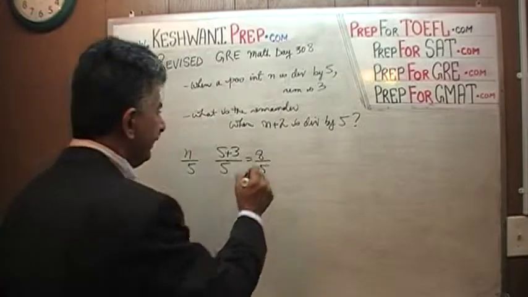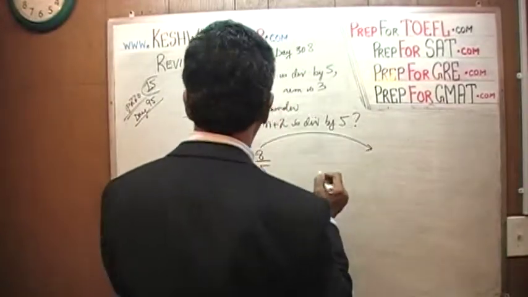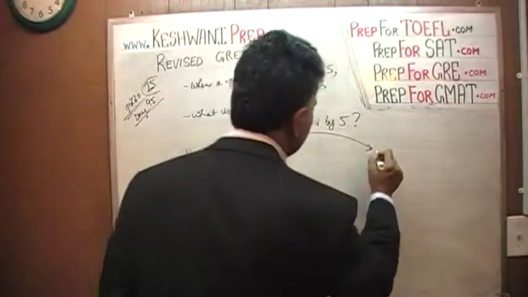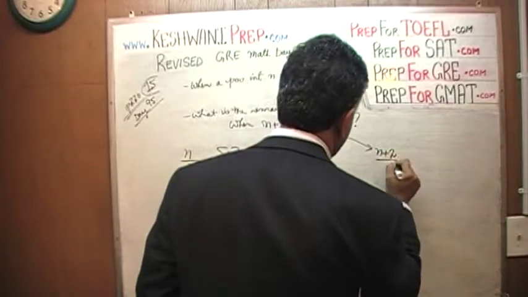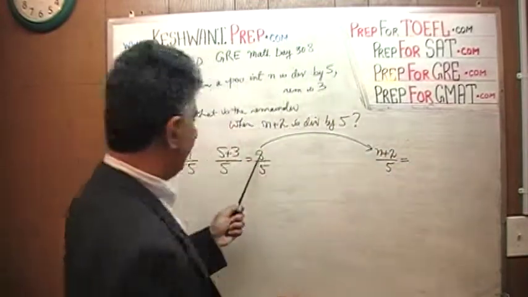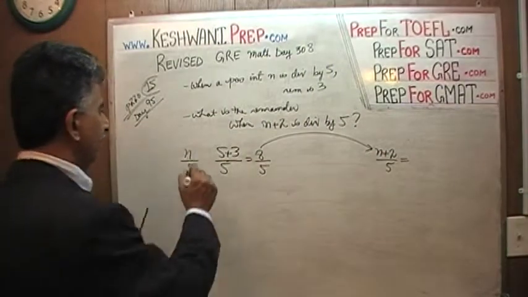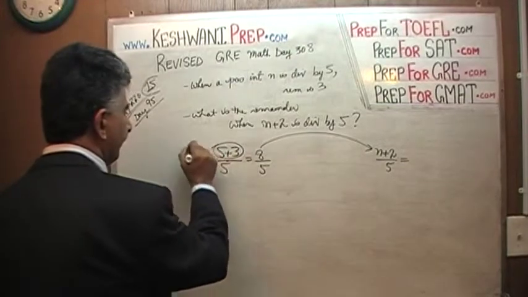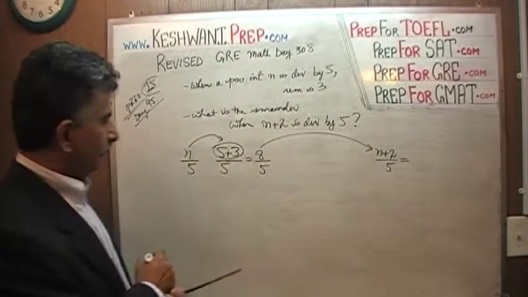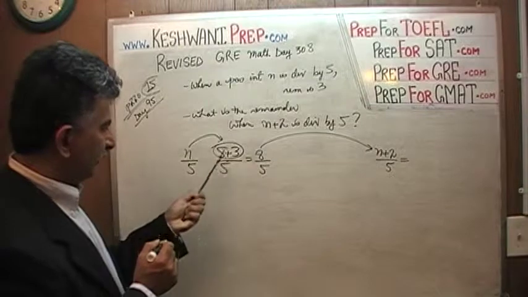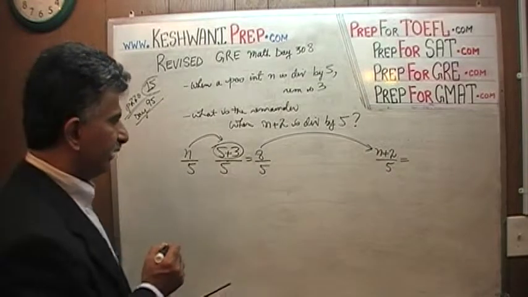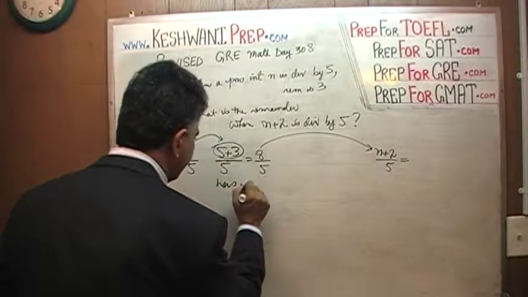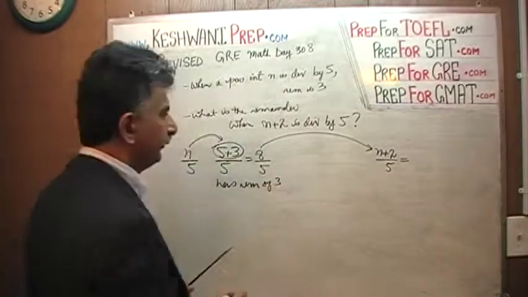Now we take our 8 here and go to this scenario where we have n plus 2 divided by 5. Our n is 8. N divided by 5 has a remainder of 3.